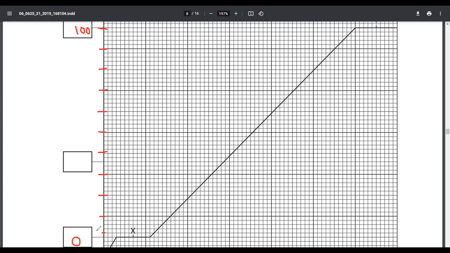For example, here 2, 4, 6, 8, and then 10, and then 20, and then 30, then 32, 34, 36. So here it's 36, then 38, and then 40, and as we go on till we reach 100. So here it will be 36 degrees Celsius.